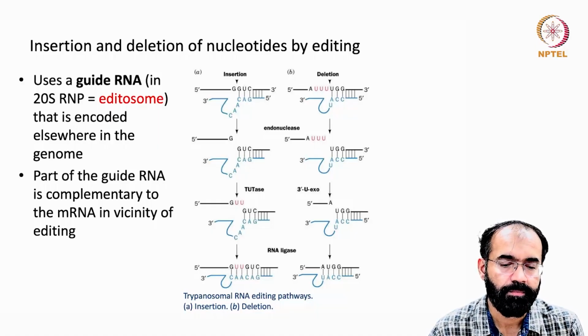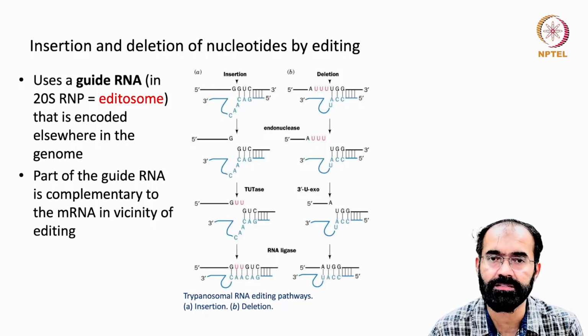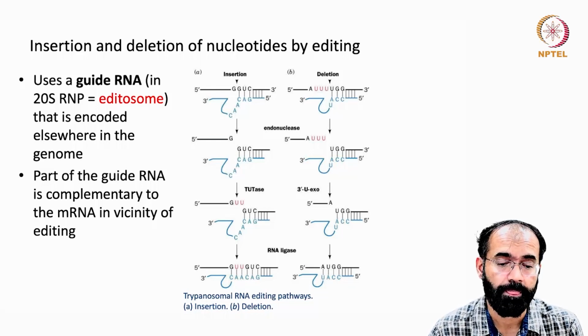The editosome RNP comes in and pairs at a specific location, pairing with a few bases of the anchor region and then with 4 more bases downstream, which is immaterial, and it stays paired.